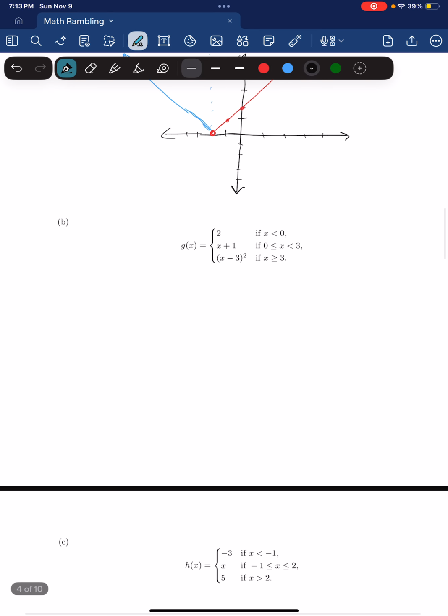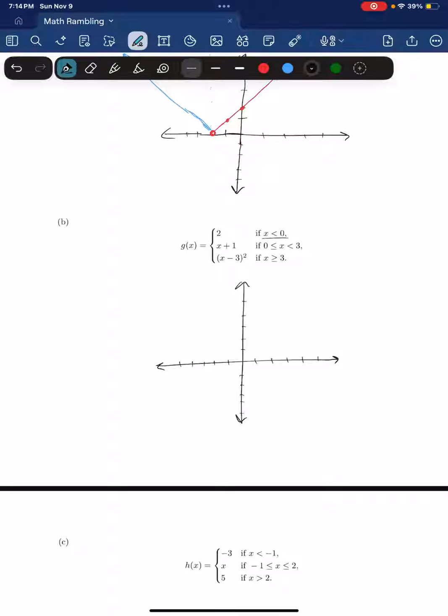All right. We'll try a similar strategy for this one. That's better. All right. So 1, 2, 3, 4, 5 on each axis. 2 if x is less than 0.